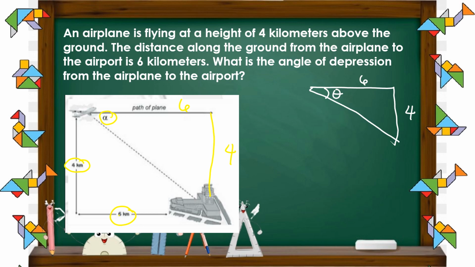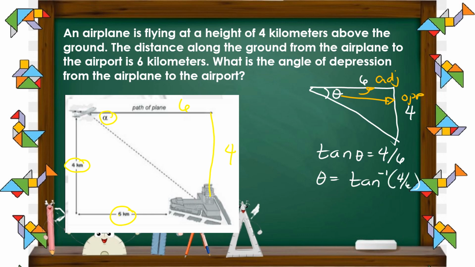Looking at our given, that 4 is the opposite and this 6 is the adjacent side. Since that is our unknown, we can use tangent, because it is opposite over adjacent. So tangent theta, the unknown, our opposite is 4 and our adjacent is 6. To find angle theta, we are going to use shift or the inverse of tangent, then 4 over 6. So how are we going to use your calculators?